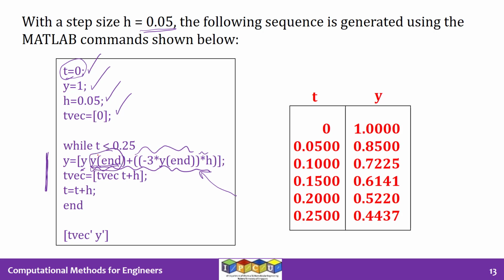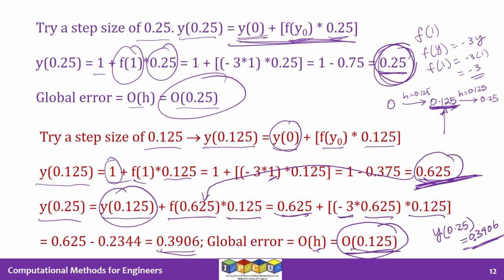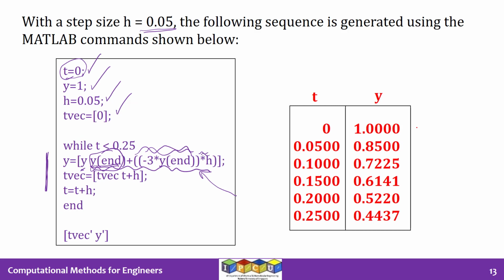So this will be 1 plus minus 3 times 1 times h. That is what we did here as well as here. Okay, so this does that. So now at this point in time, y will be 1 because you started off with 1, and now you appended this. So it will be 1 plus minus 3 times 1 times 0.05.